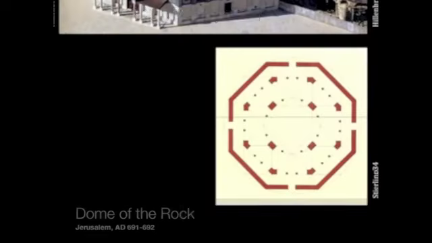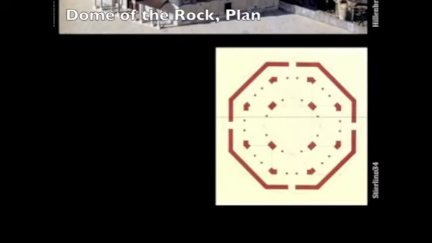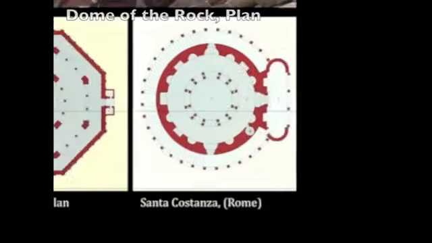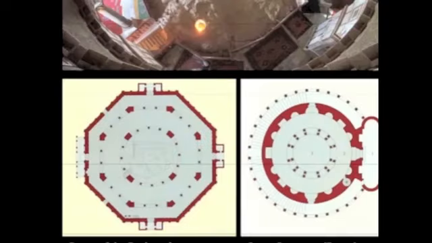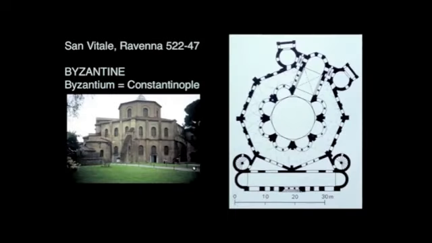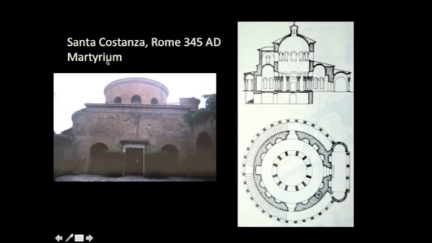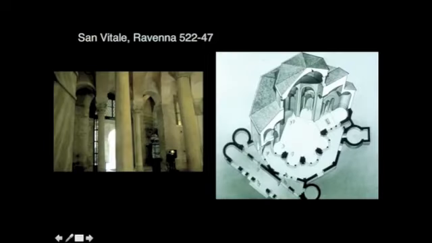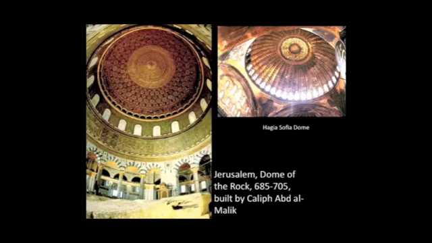And really, its basic lineaments remind us of buildings we've seen before, such as San Vitale in Ravenna or Santa Costanza in Rome, the martyrium for the daughter of Constantine. Tall, centralized space, ambulatory around it, and beautiful dome. If you even look at the kind of dome that's constructed over the Dome of the Rock, it will remind you more of Byzantine examples than of Roman examples.